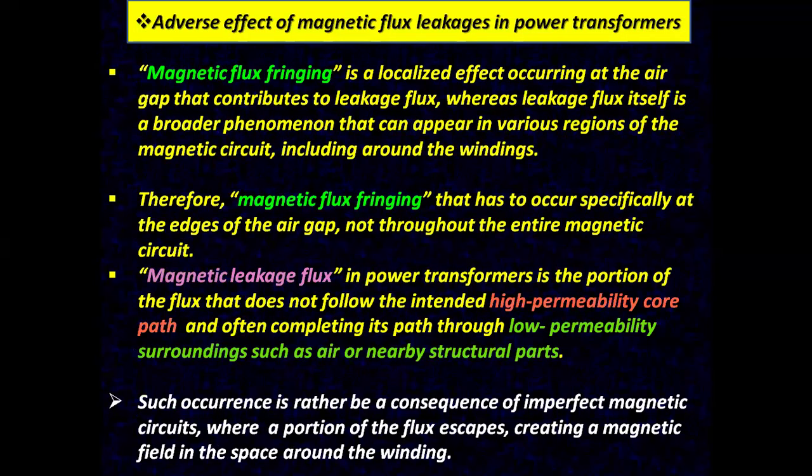Adverse effect of magnetic flux leakages in power transformers. Magnetic flux fringing is a localized effect occurring at the air gap that contributes to leakage flux, whereas leakage flux itself is a broader phenomenon that can appear in various regions of the magnetic circuit, including around the windings.